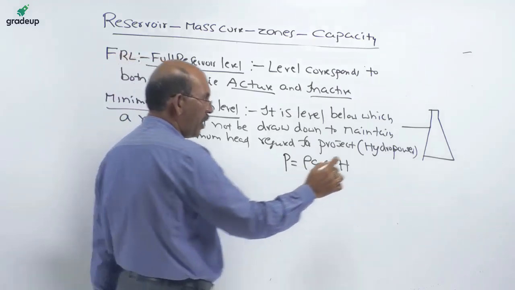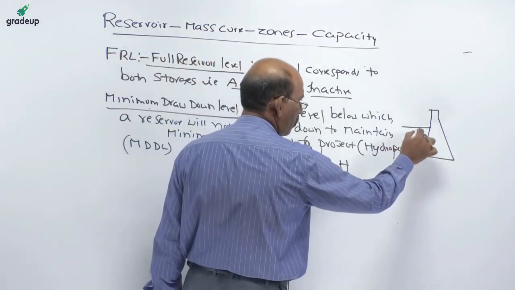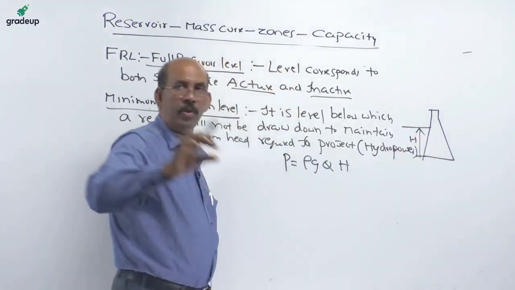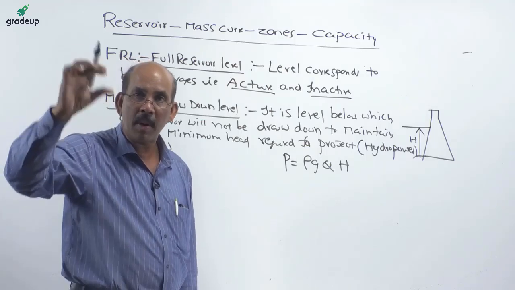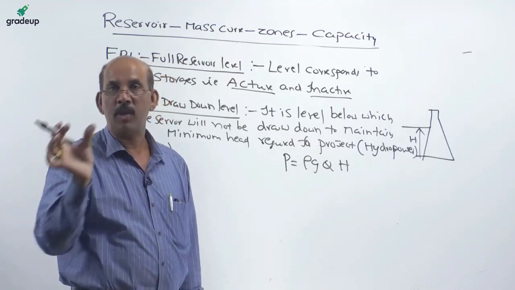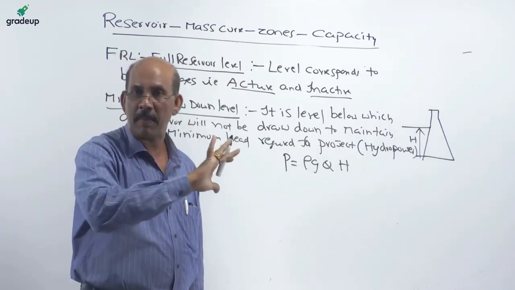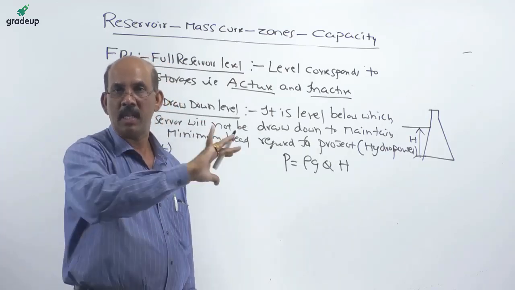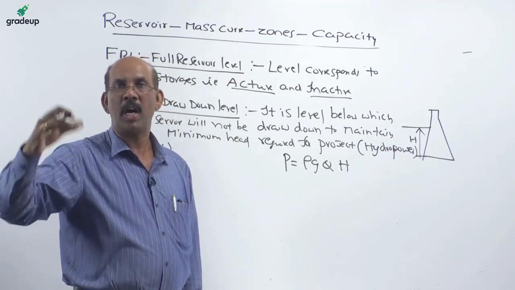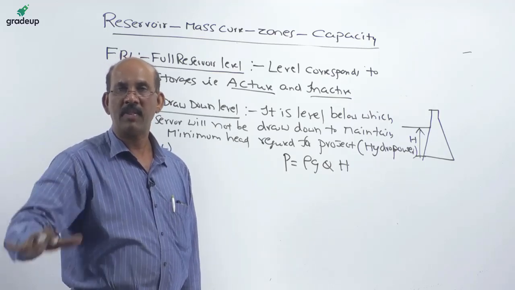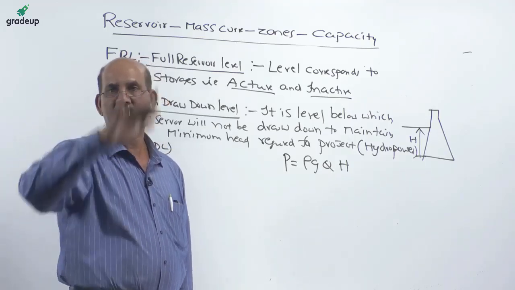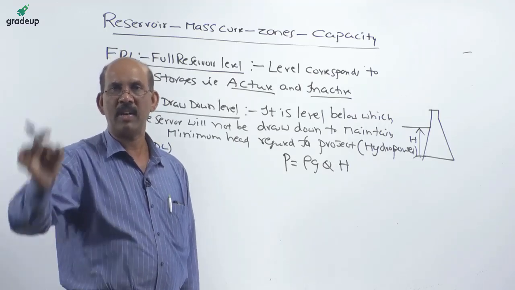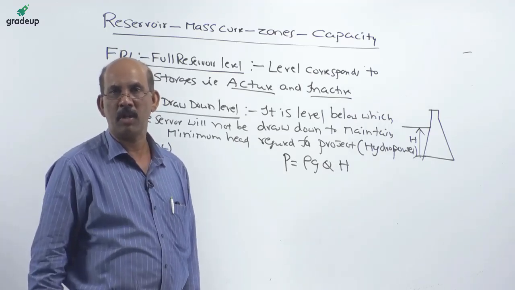If you are not able to maintain sufficient head, or the minimum head required for the turbine, the turbine will not run. That means power will not be produced and income is lost. That is why we fix some particular level below which the water level should not fall. That level is known as the minimum drawdown level.